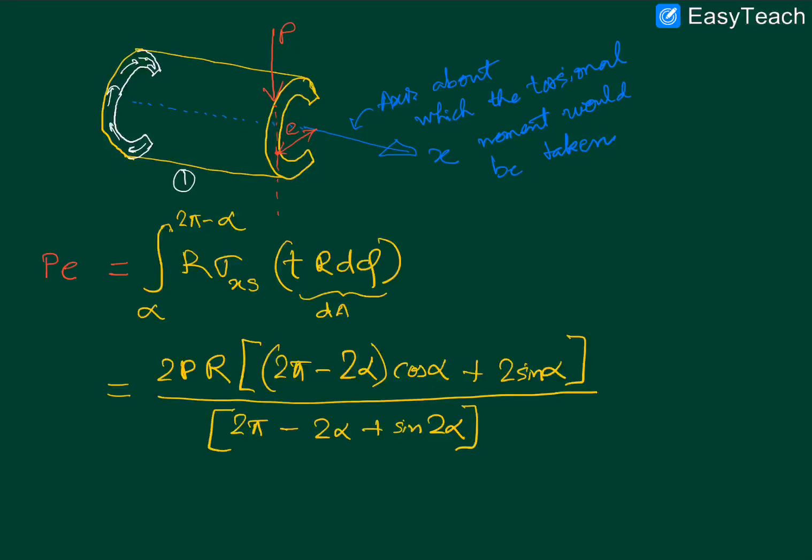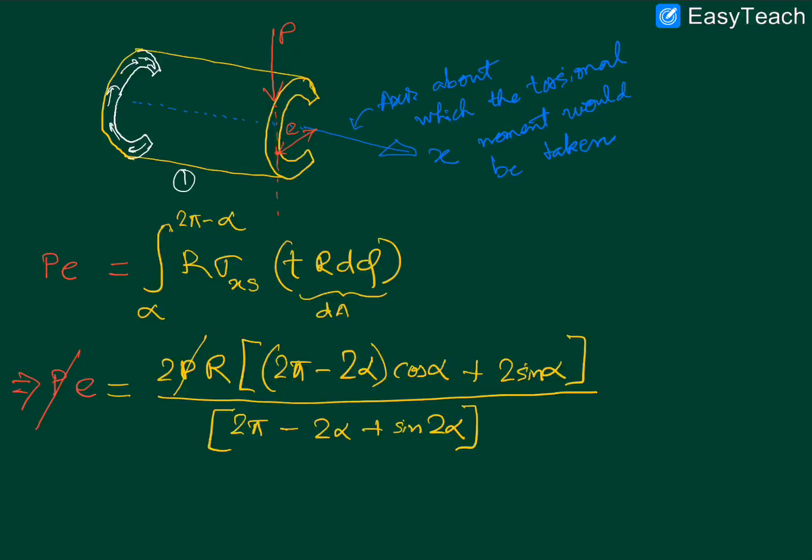Now you see the beautiful thing that has happened. On the left hand side we have this P, and on the right hand side also we have the P. As we had mentioned earlier, even though we are making our calculations with reference to a particular transverse load like this, the answer that we are getting for the location of our shear center, this distance E from the x-axis, is purely independent of the P. So this P cancels and this P cancels.